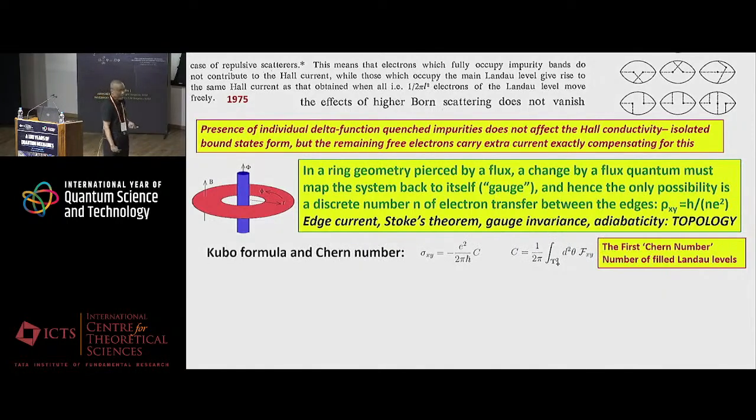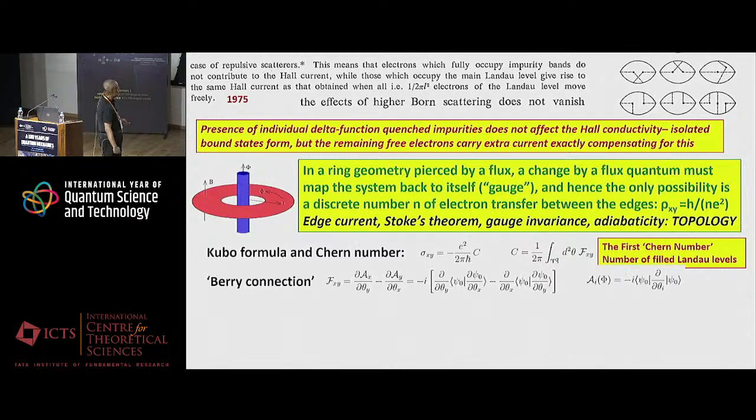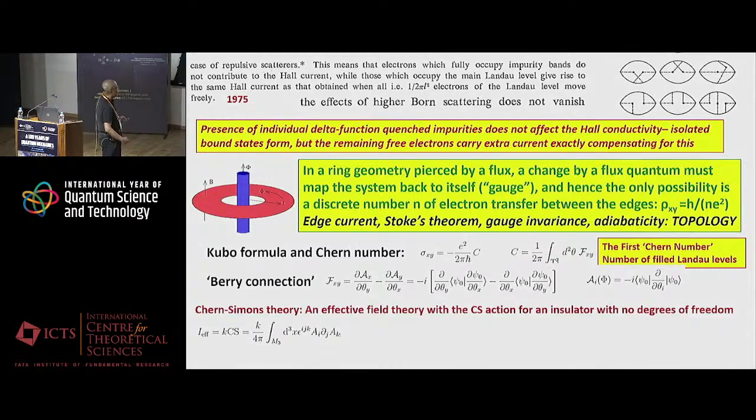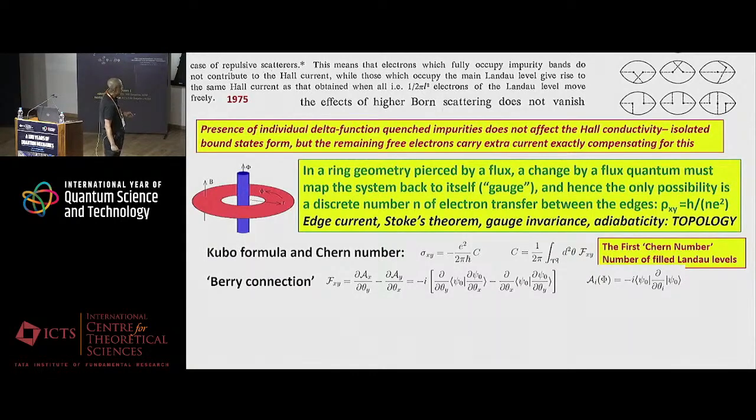Thouless first calculated this Hall resistance quantity using the Kubo formula, and he actually wrote down what the quantity would look like, and he found that sigma xy has this form. Sigma xy is a constant times C, and C is an integral.